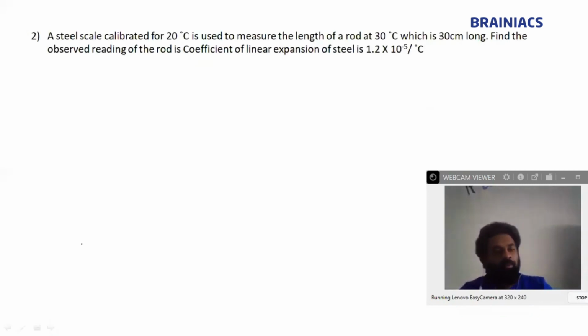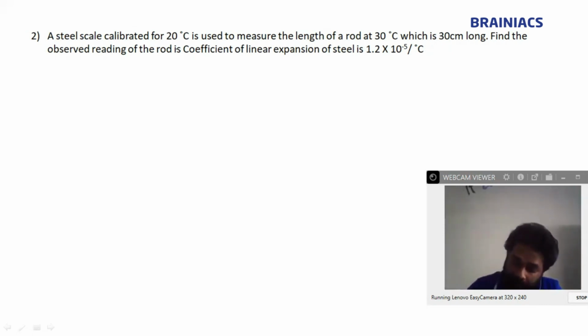Yes. Another question: a steel scale calibrated for 20 degrees Celsius is used to measure the length of a rod at 30 degrees Celsius, which is 30 centimeter long. Find the observed reading of the rod.